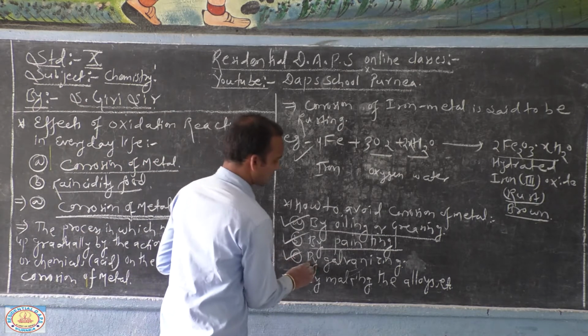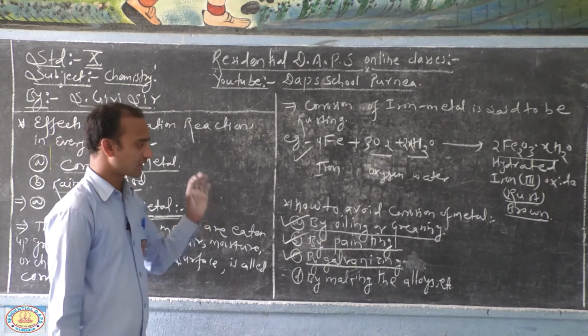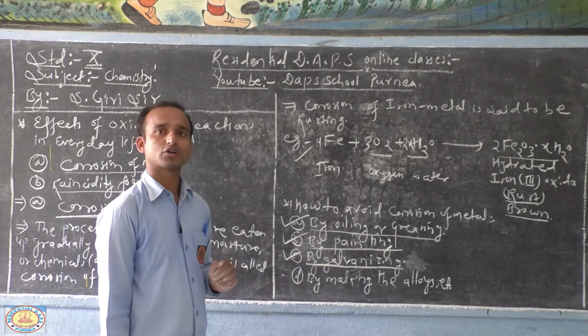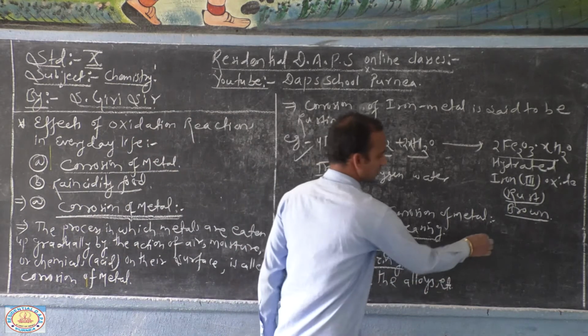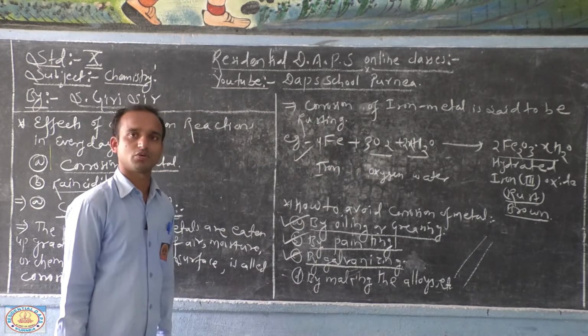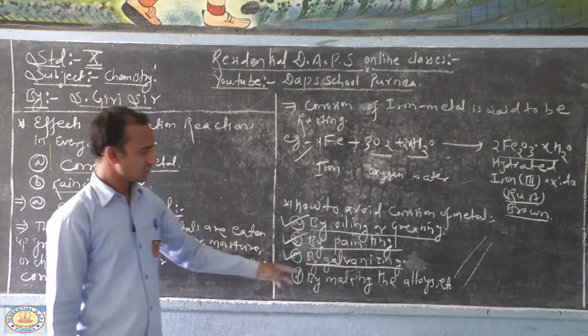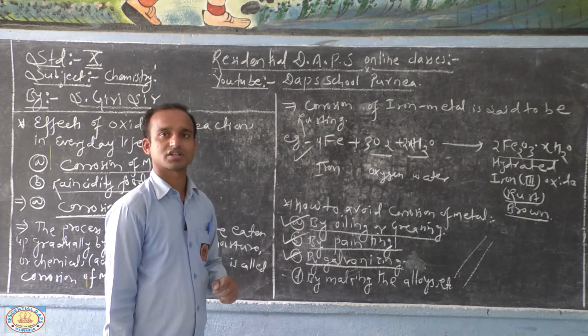Next, number C, by galvanizing. Galvanizing is the process in which iron materials are coated with zinc, and it appears silvery white in color. This zinc, to some extent, prevents the unnecessary rusting of iron.